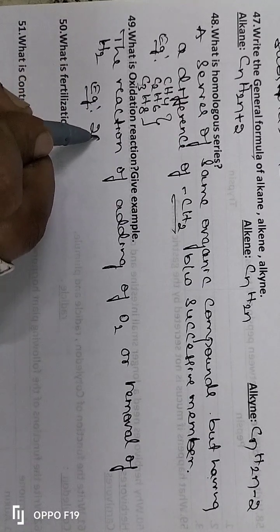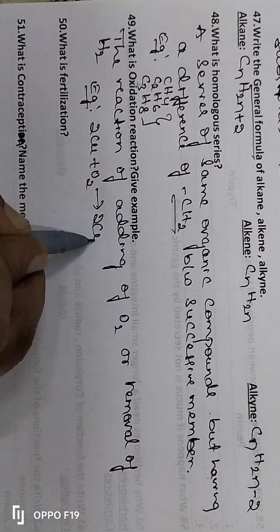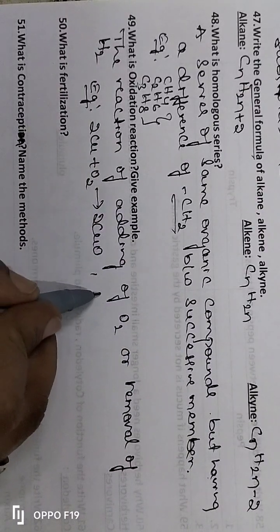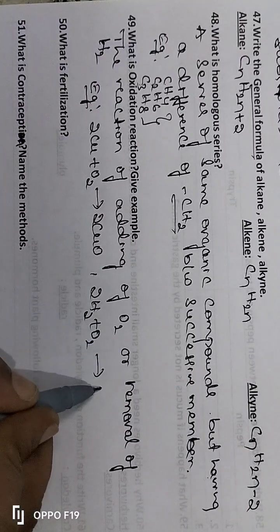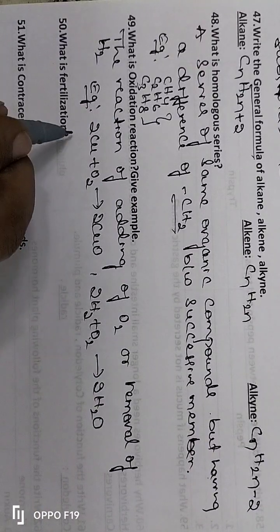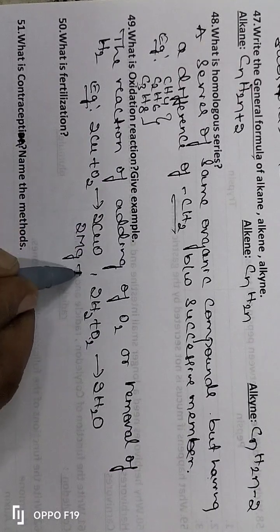Example, 2Cu plus O2 gives rise to 2CuO. What we have added here? Oxygen. Or you can give one more example, 2H2 plus O2 gives rise to 2H2O. So what we have added? Oxygen. Or you can write another easy example, 2Mg plus O2.